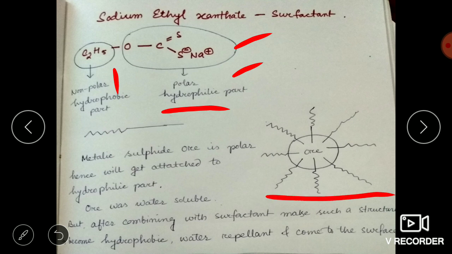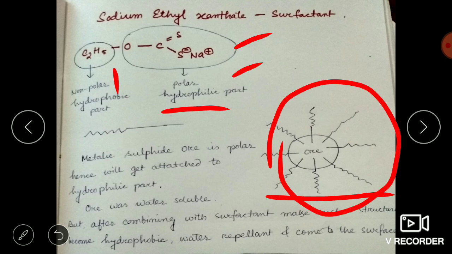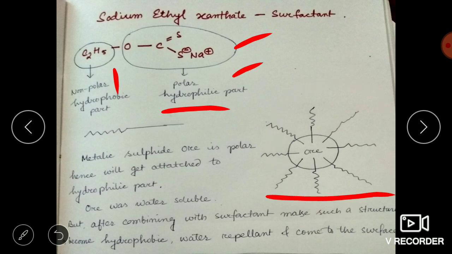Now once you get such a structure, you see the hydrophilic part gets penetrated in the ore and the hydrophobic part is surrounding. Like a micelle, it will form a structure, but as a whole the whole structure now becomes hydrophobic, because the ore molecule is trapped inside and the hydrophobic part is outside.